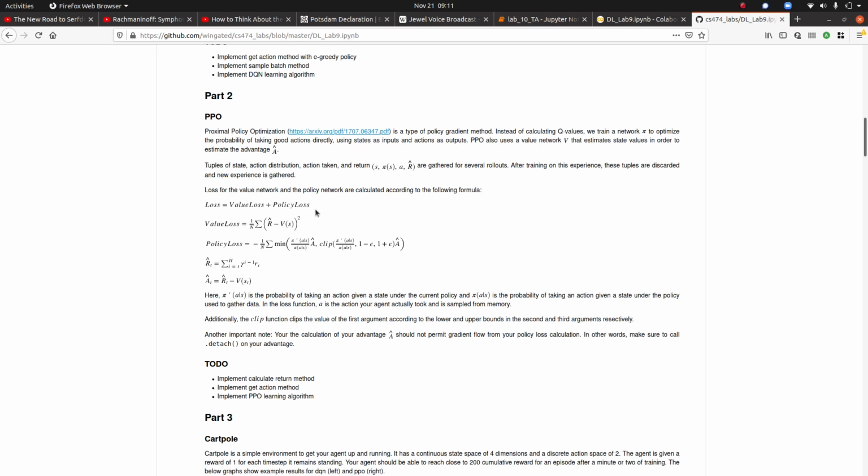So it's a mean squared error between the actual return and what our value network is predicting the return is. We would like our value network to be actually predicting the real return that we get.